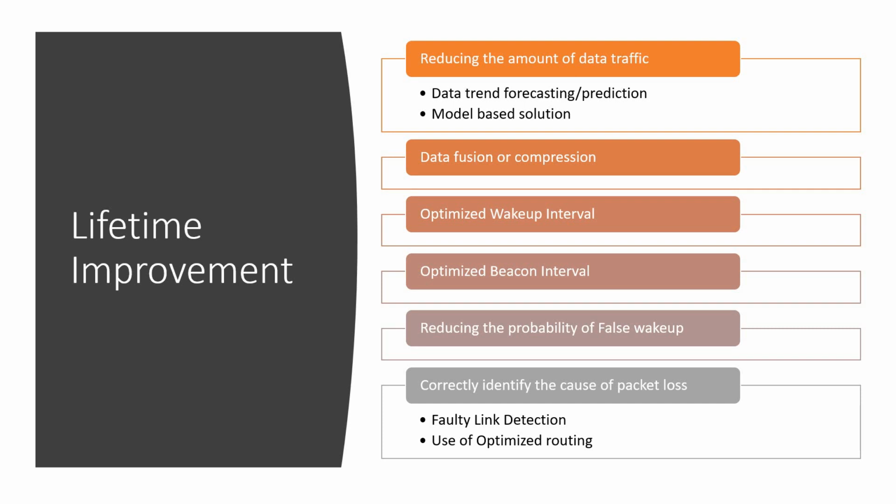So the next approach that we can take is data fusion or compression. Instead of sending data all the time, we can compress the data. I've already mentioned an example, I think I mentioned average. So instead of sending the data all the time, you can average the data for the entire day and then send it, or maybe average the data for 1 hour or 2 hours or 3 hours or so on.